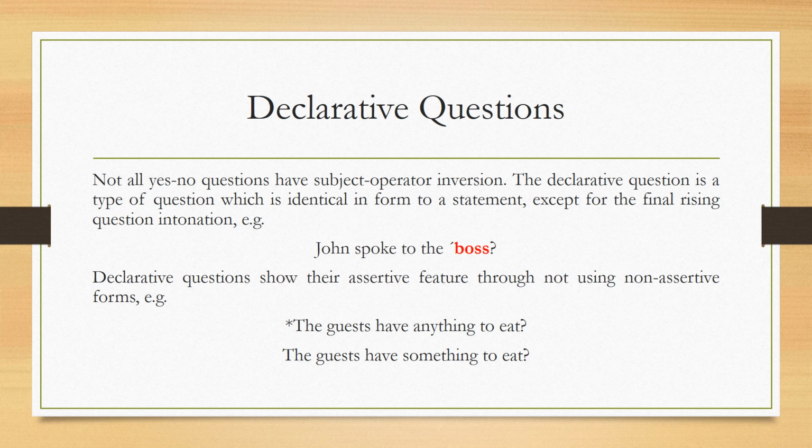But it is different from the statement in tone. Statements are usually said with falling tones, but the declarative question is said with a rising one. For example, Joan spoke to the boss?